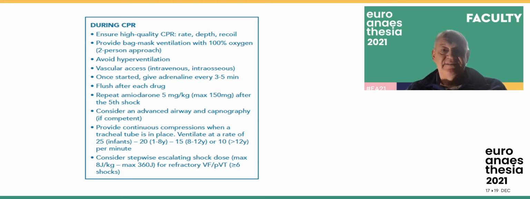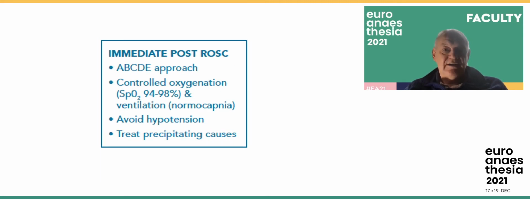And you can see the figures here for each of those categories. Similarly, another change is that in refractory VF or pulseless VT, you may need to consider escalating the shock dose, and the maximum you can see there is 8 joules per kilogram or 360 joules. So that's an additional change to the algorithm.